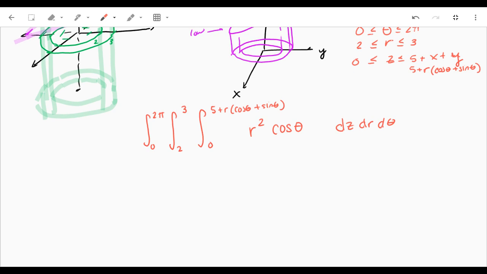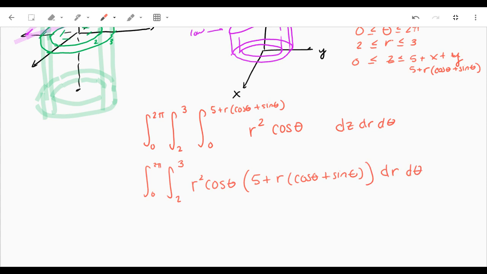I am just going to caution that when you do 0 to 2 pi and then 2 to 3, integrate first with respect to z. So your first integration, we're just going to tack on a z there. We're going to evaluate it from z equals 0 to z equals that upper bound, so the 0 won't matter. So we will just have r squared cosine theta, and then 5 plus r cosine theta plus sine theta, dr d theta.